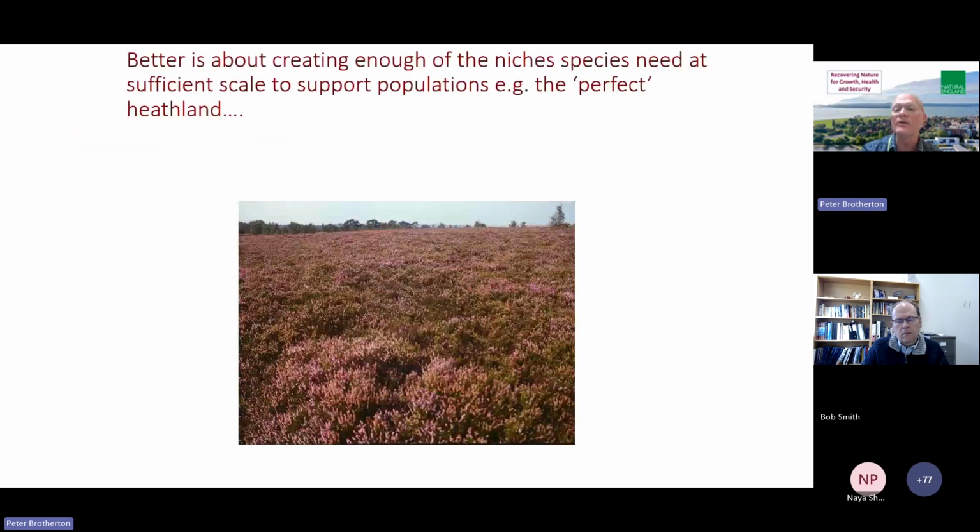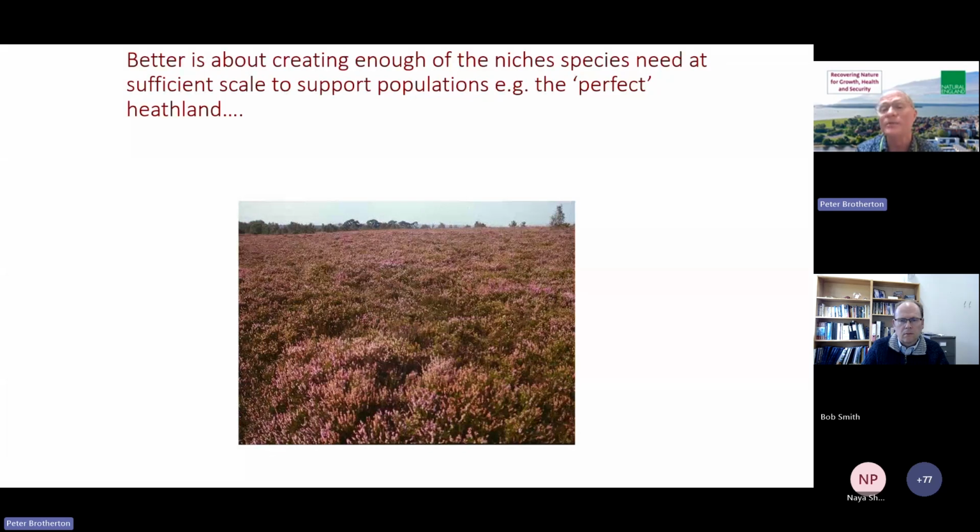So better is about creating the spaces, the niches that species need to support populations, by doing that at the right scale. So here's a purple heathland. That Calluna, the purple plant that we're looking at, Calluna vulgaris, is only used by about 10% of heathland species.